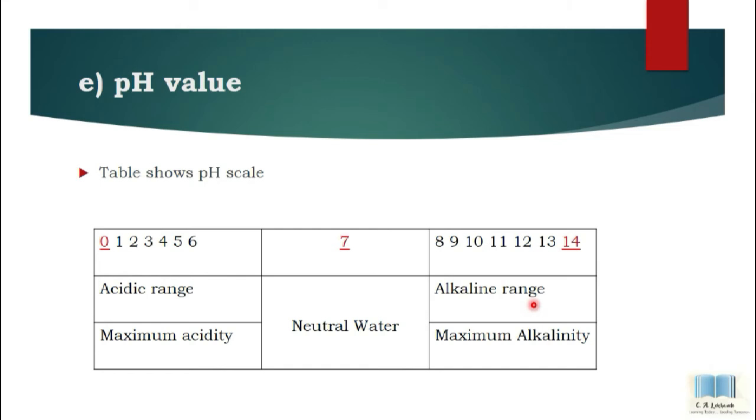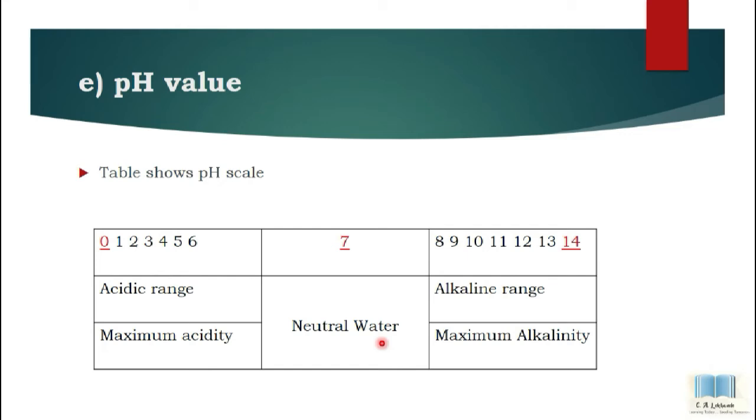At 0 pH, the solution has maximum acidity, and at pH 14, maximum alkalinity. And if the pH value is 7, then the solution is neutral.